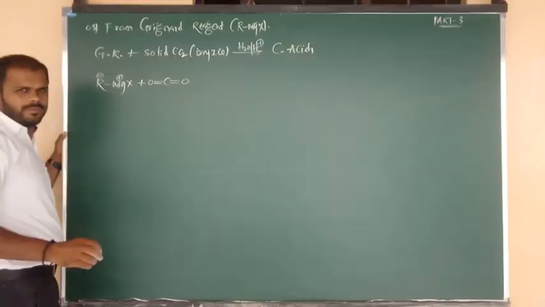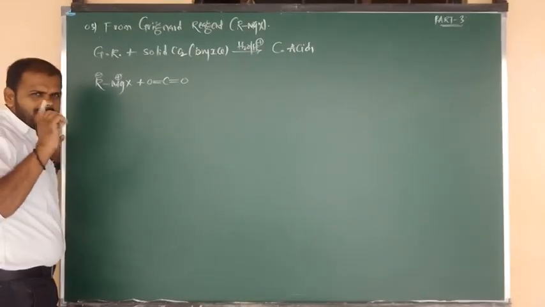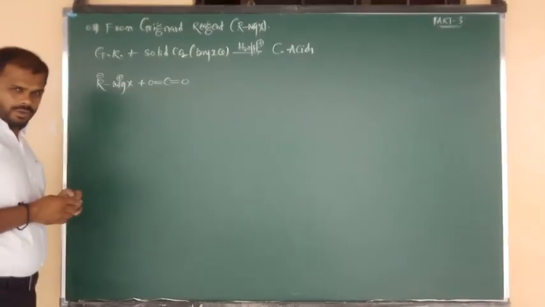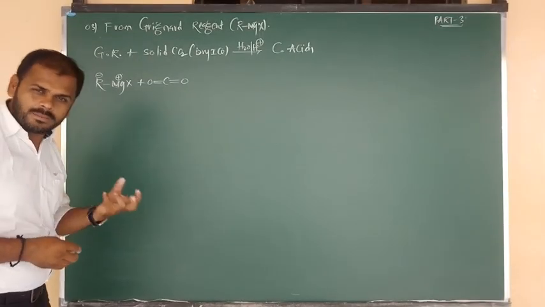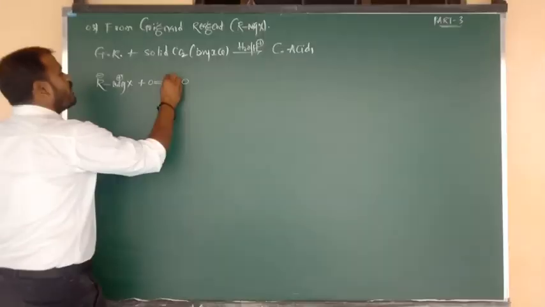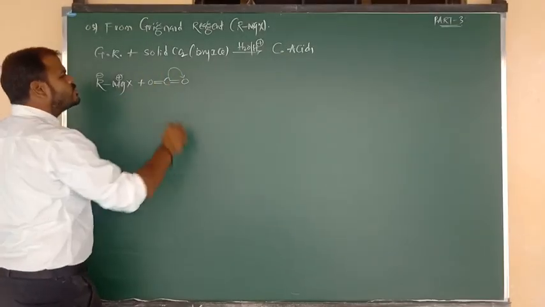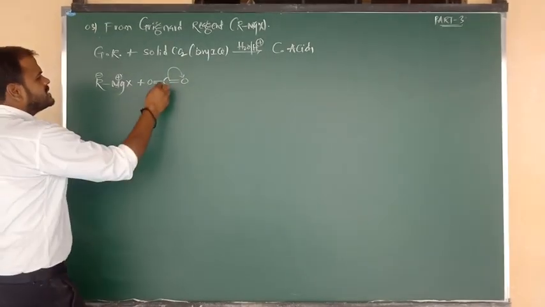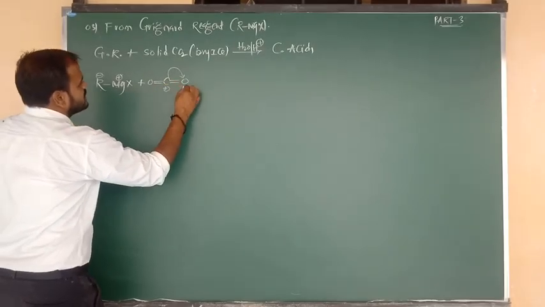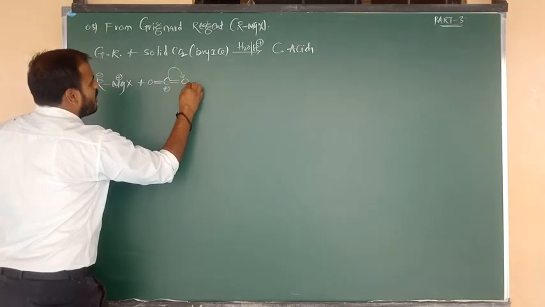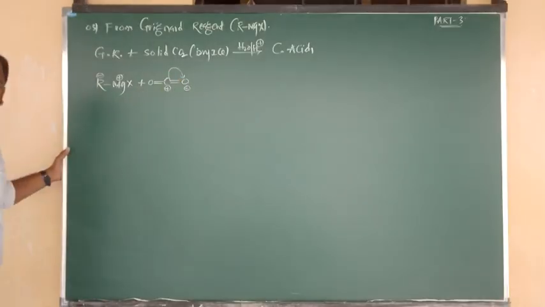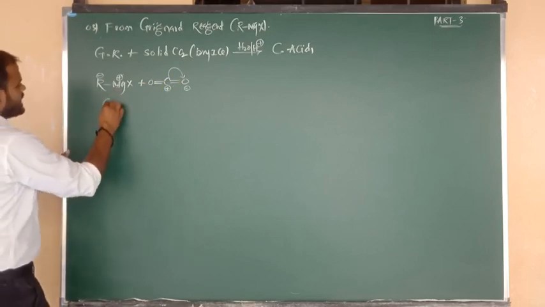Listen carefully. In carbon dioxide, as compared to carbon, oxygen has more electronegativity. That means one of the pi bonding electrons will be delocalized towards the oxygen. So the central C carries positive charge, and by accepting the pi bond, oxygen carries negative charge. What is meant by RMgX?